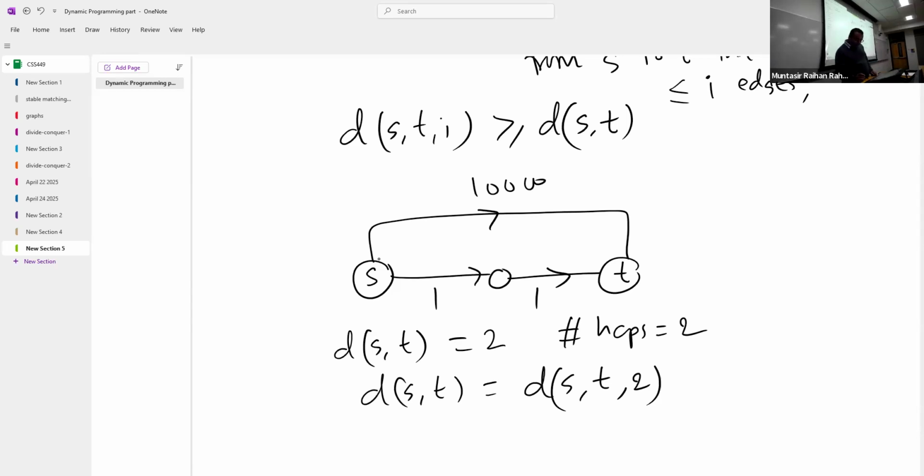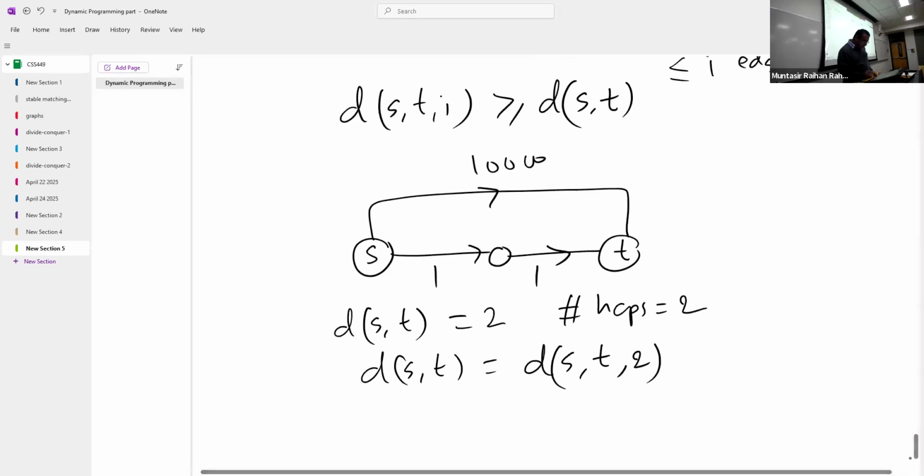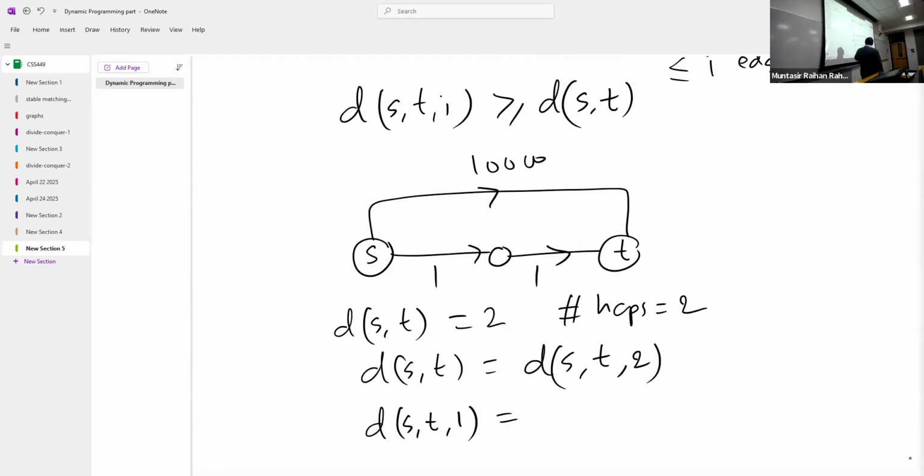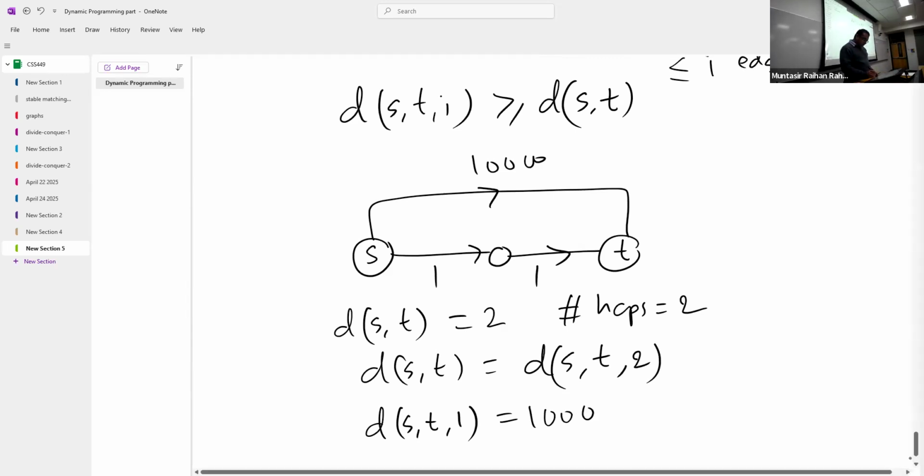Now what if I want to compute d(s,t,1)? Is there a path from S to T with at most one hop? There is, that's the other path, but the cost of that is 10,000, which is greater than or equal to the actual shortest path.